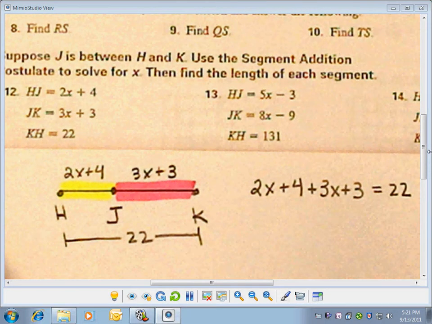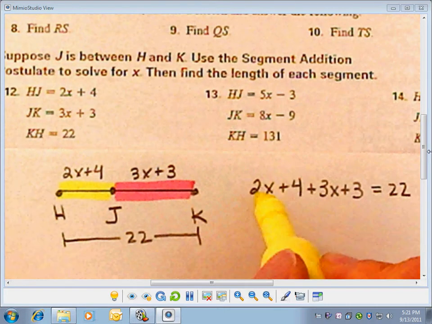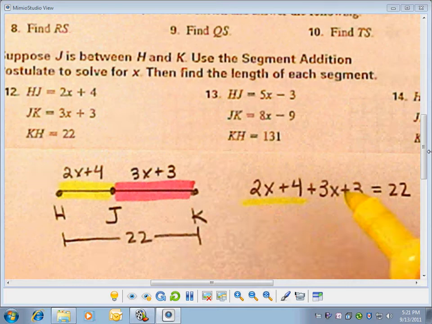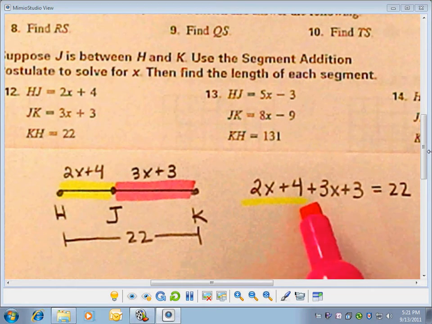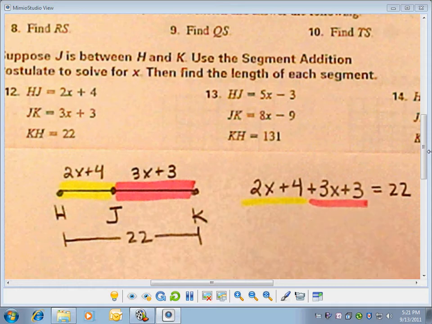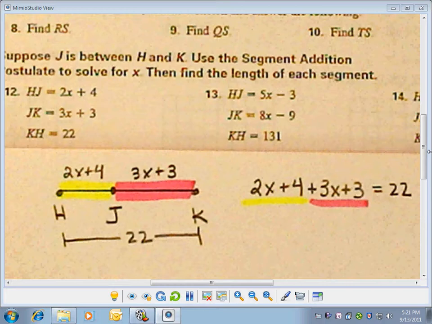Right? This is my yellow. This is my red. And together it equals the entire line, which is 22.